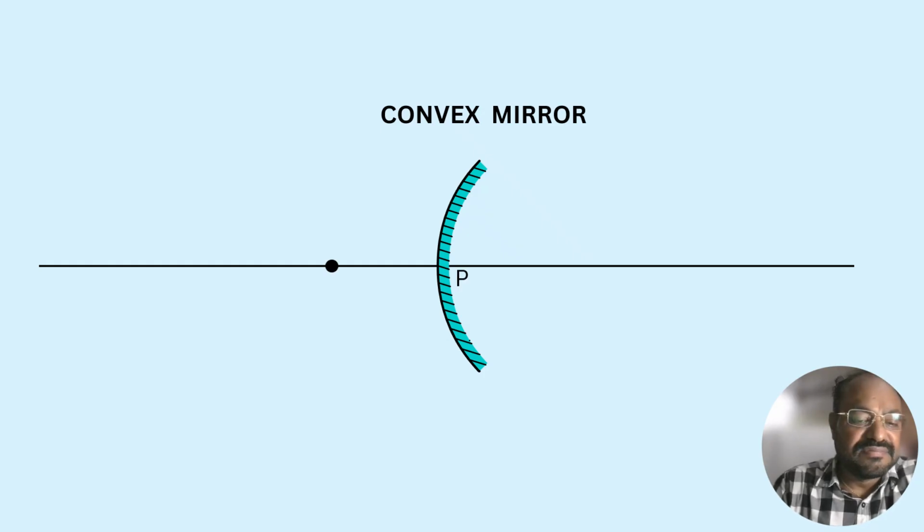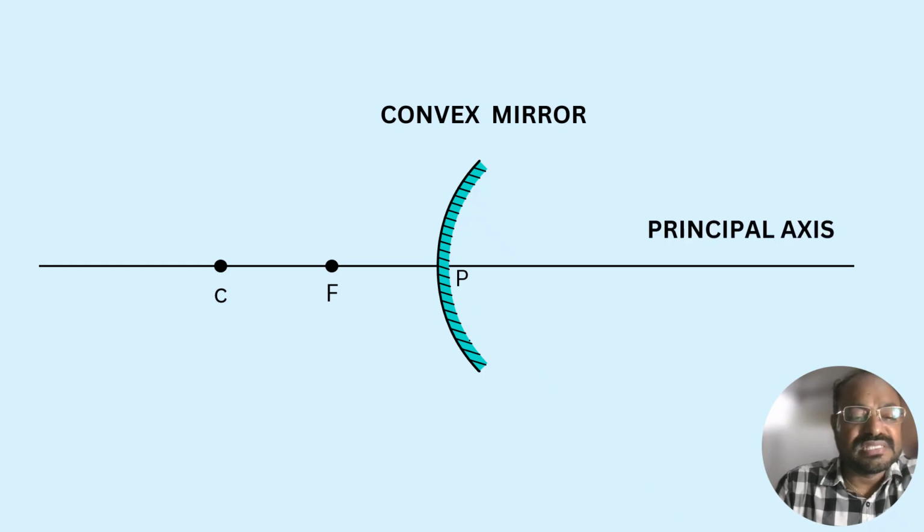Then mark on the reflecting surface side a point and mark it as the principal focus F. Take an equal distance and mark that point as capital letter C, which is called the center of curvature. So the line joining the center of curvature, principal focus, and pole of the mirror is called the principal axis. So we have learned how to draw for concave and convex mirror.